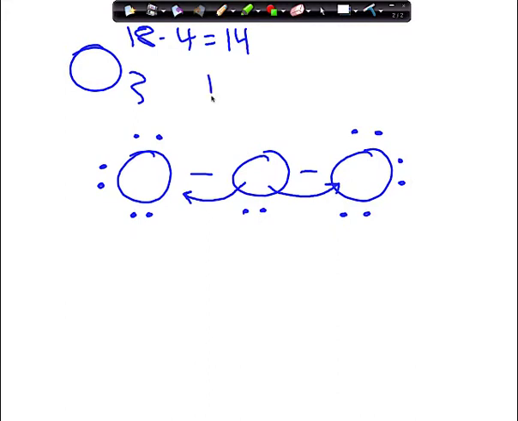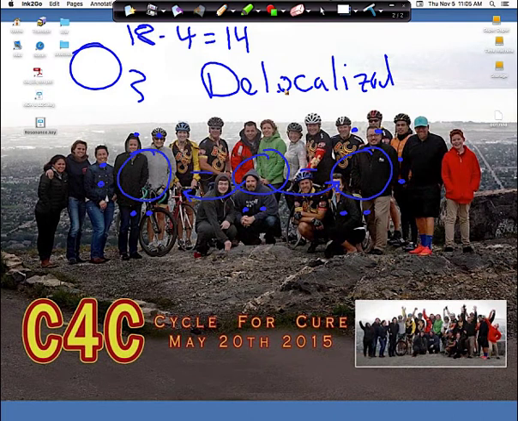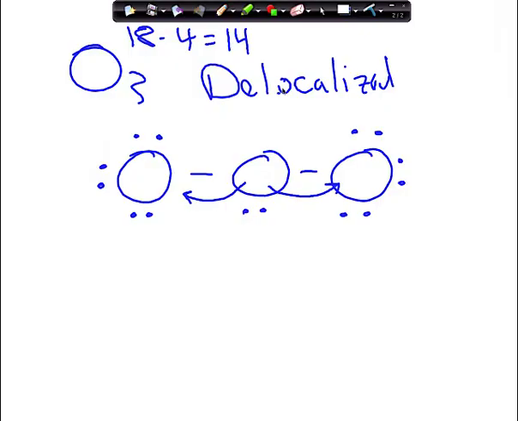You need to scratch that in your notes: delocalized pi bonding. So guys, what does it mean that something is delocalized? It is without location. And that's what we've got going on here. The double bond that forms, and have we talked about sigma and pi bonds?